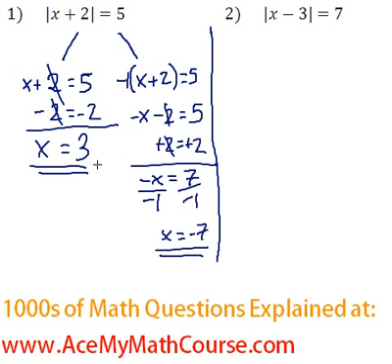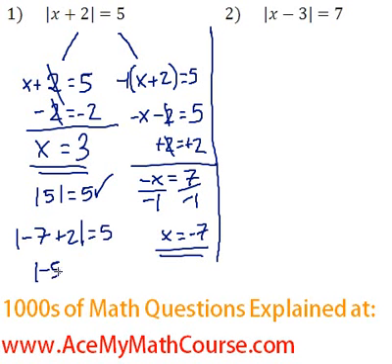Okay, so these are the solutions, but how does this work over here? I guess the 3 is pretty self-explanatory because 3 plus 2 is 5, and the absolute value of 5 is just equal to 5. So that's, of course, correct. How about the -7? Okay, well, -7 plus 2 is -5, and the absolute value of -5 is positive 5.